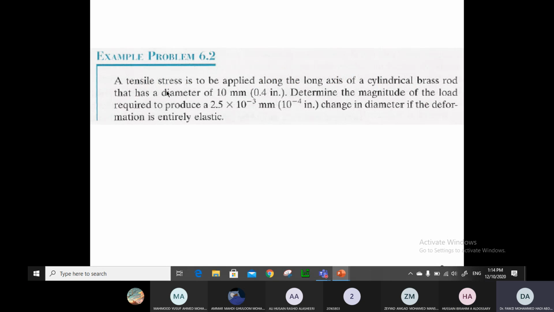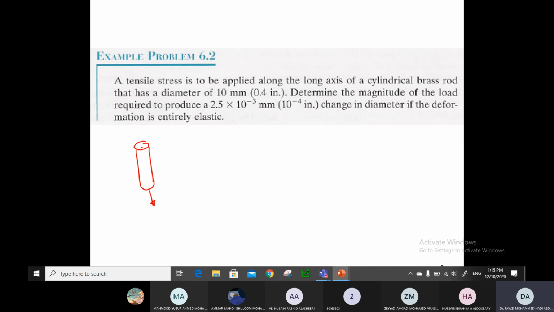This is a tensile stress. A tensile stress is applied along the long axis of a cylindrical brass rod. So the material we have in this case is brass. Again we have the same thing, the material is different, and it is cylindrical again.